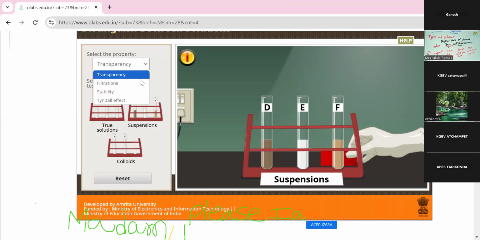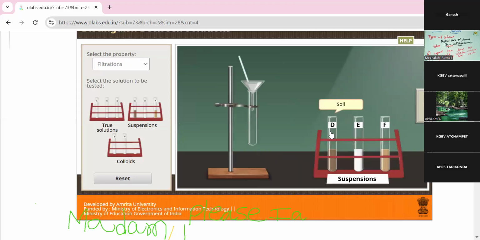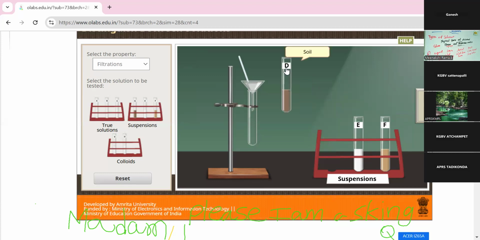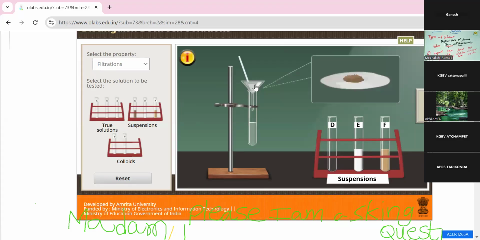And next one is filtration. So first one is soil and water. Second one is chalk powder and water. Third one is sand and water. So there are different kinds of soil, sand like that. Black soil, red soil like that. So I'm taking the soil solution. The solution is filtered with the help of the funnel and the filter paper.